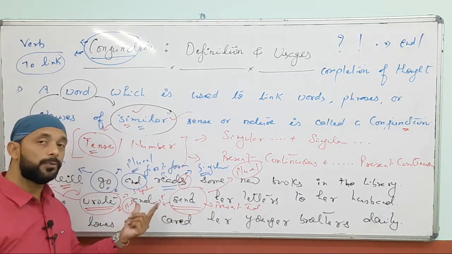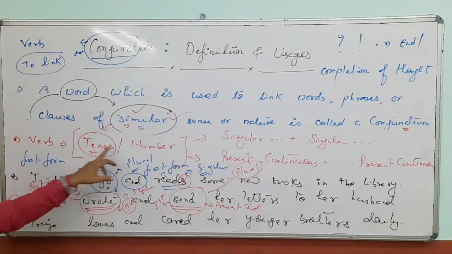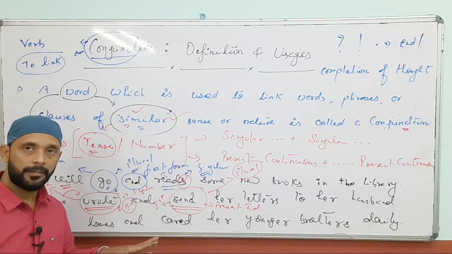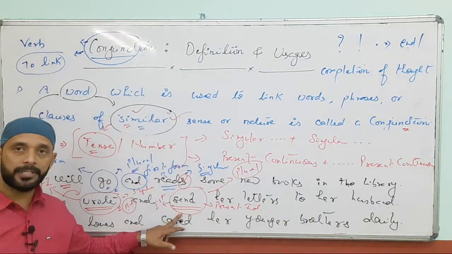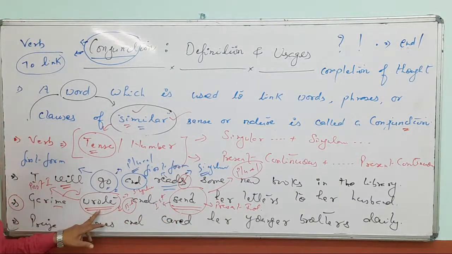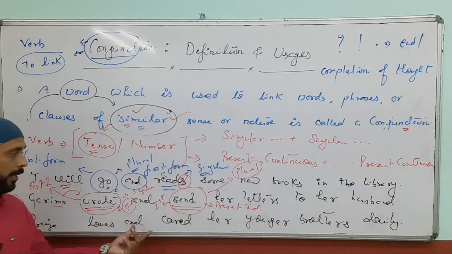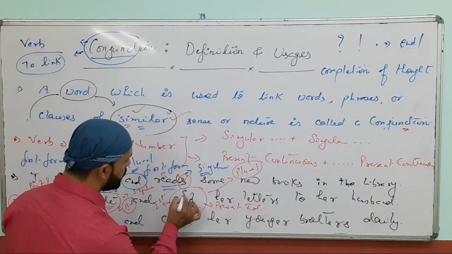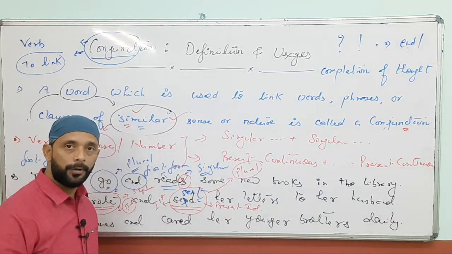Because not only singular, tense and numbers should be similar. If we add S here, tense will be present indefinite, and wrote is past indefinite. Present and past, that cannot be possible. So simply you will change send and it will be sent, the second form, and it will be okay.